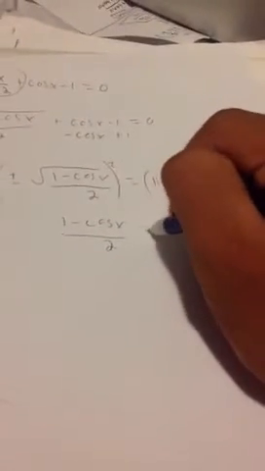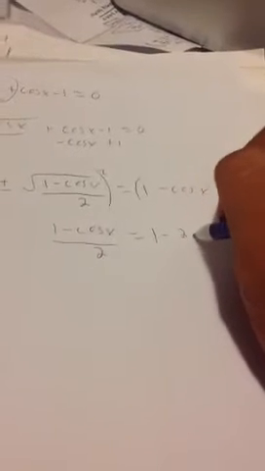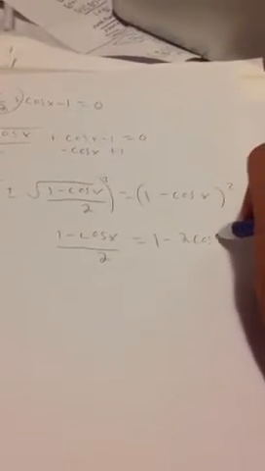And when we square both sides, the square root on this side will cancel. So we are going to be left with 1 minus cosine of x over 2. And this would be squared. And when we FOIL this out, we get 1 minus 2 cosine of x plus cosine squared x.